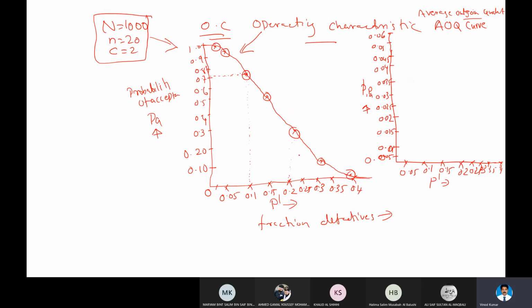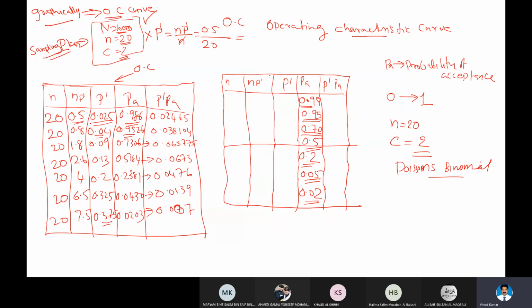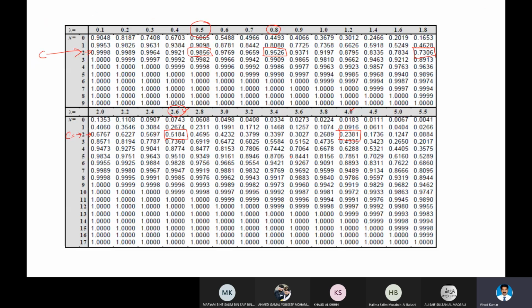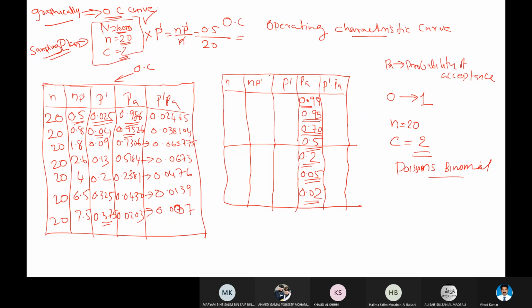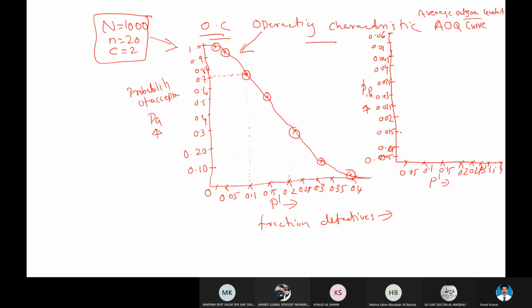Now you take the values here. P dash, the first one is 0.025, and the other one is 0.02465. So you have to locate 0.025 here, and 0.02465 is somewhere here.